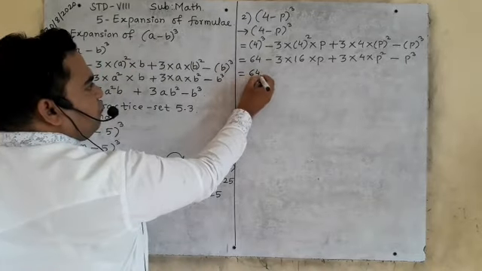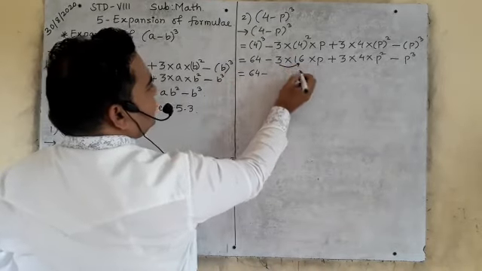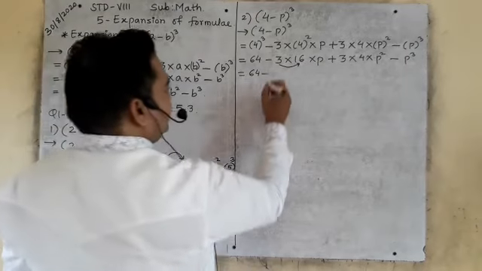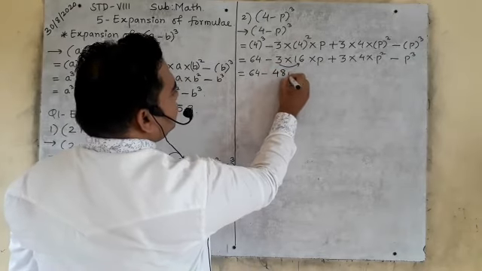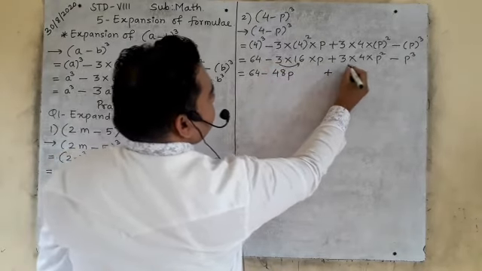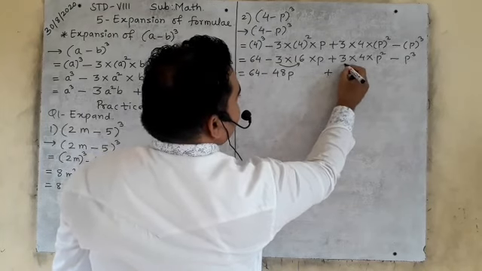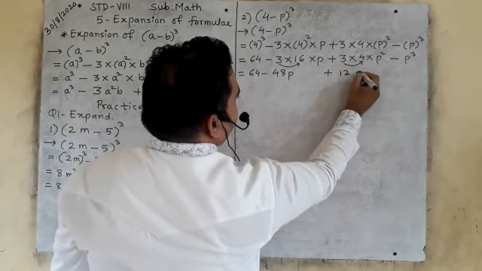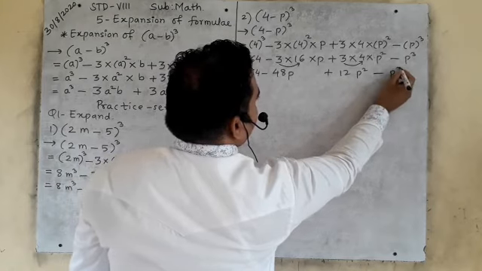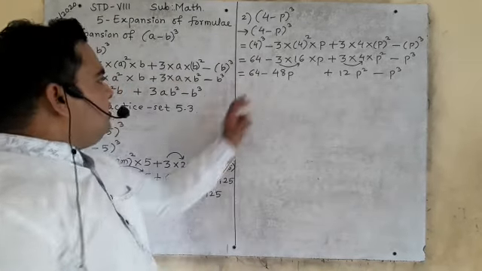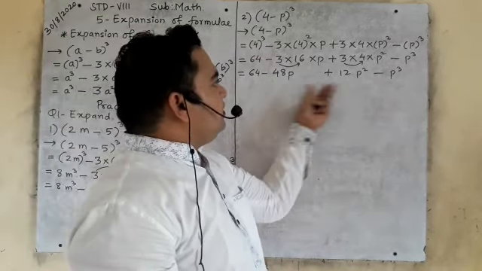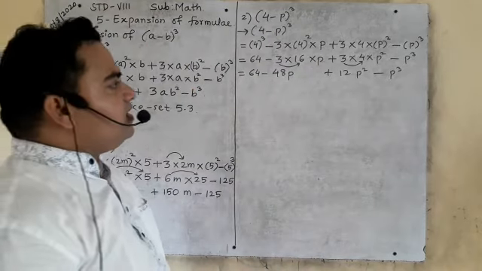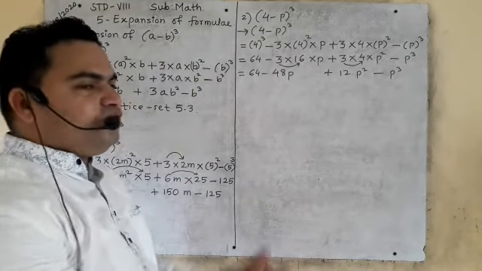So 64 minus, you will multiply this, 16 3s are 48, 48p plus 3 4s are 12p square minus p cube. So now in this you can see all the terms are unlike terms. So we will stop the answer here.